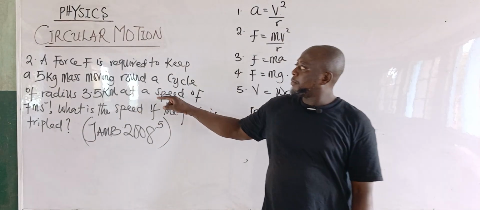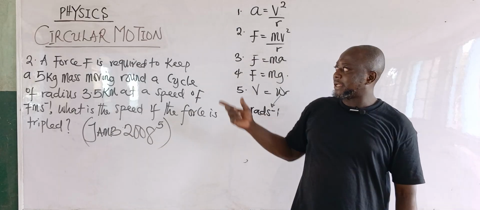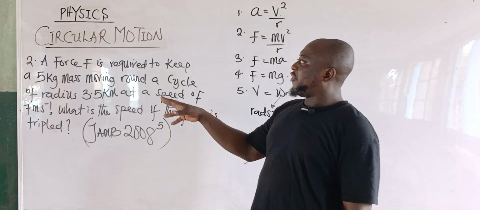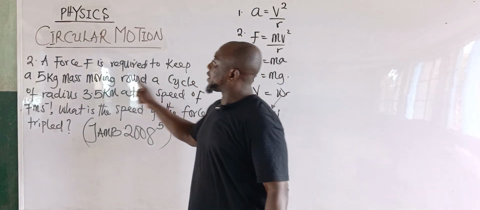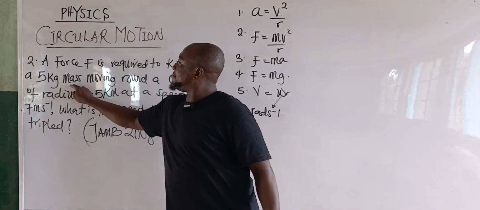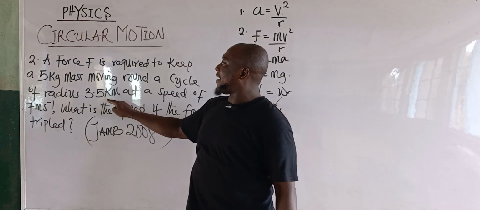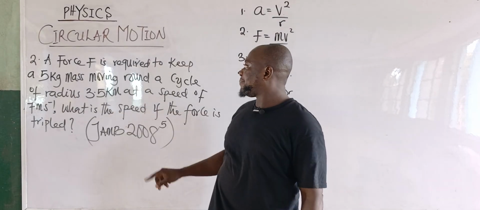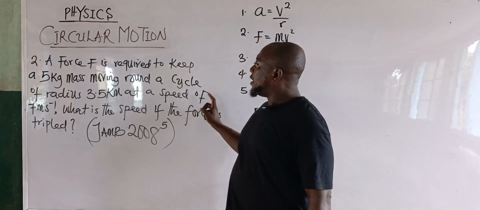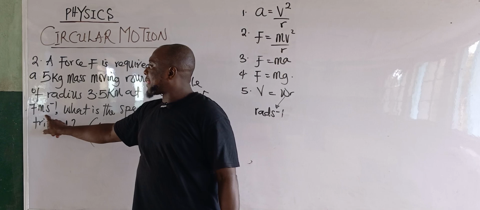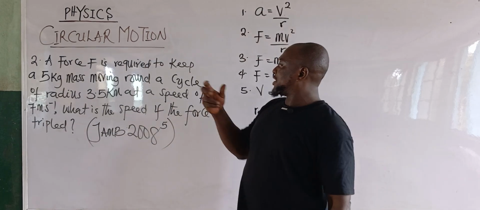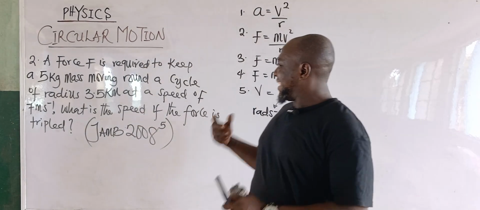All right, welcome to the next question here. We are told that a force F is required to keep a 5 kg mass moving around a circle of radius 3.5 meters at a speed of 7 meter per second. What is the speed if the force is tripled?